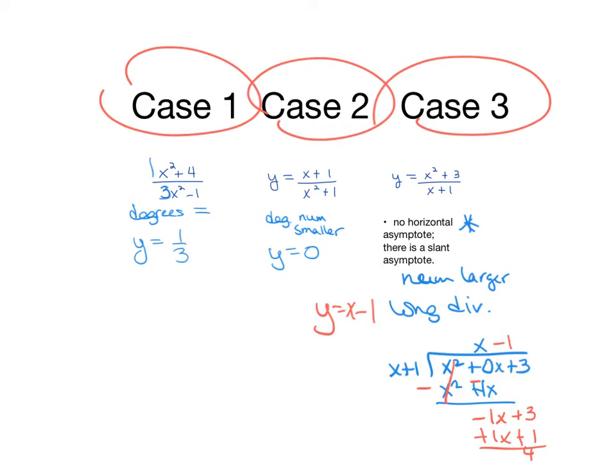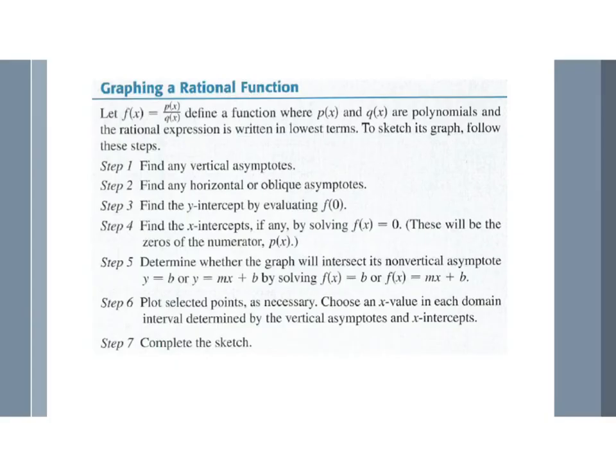So let's try this. I'm going to do a bunch of examples. Here's the first one. These are the steps we're going to take. So the first thing we're going to do is find the vertical asymptote. Then we're going to find the horizontal or the slant. Here they're calling the slant asymptote the oblique asymptote, but also know it can be referred to as the slant asymptote.